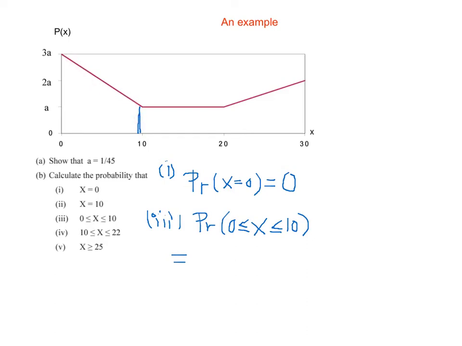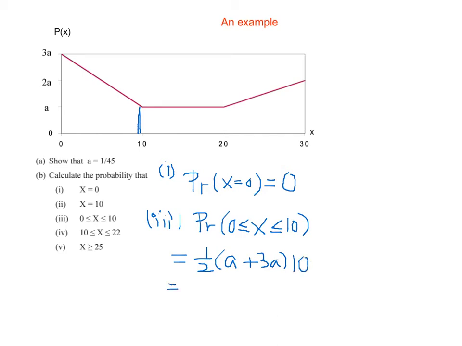So employing the formula of a trapezium, that would be half the sum of the lengths of the parallel sides, A plus 3A, times the height of the trapezium, that would be 10.